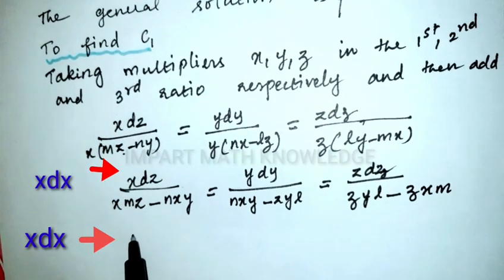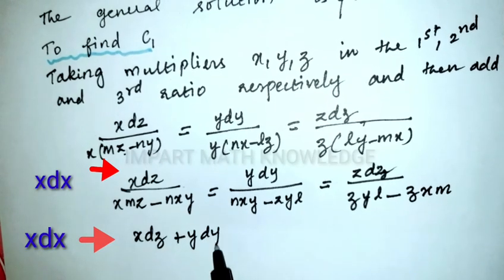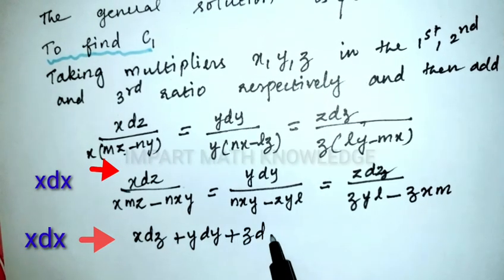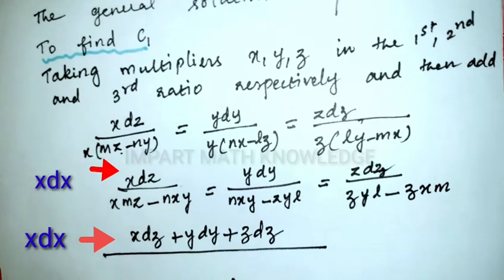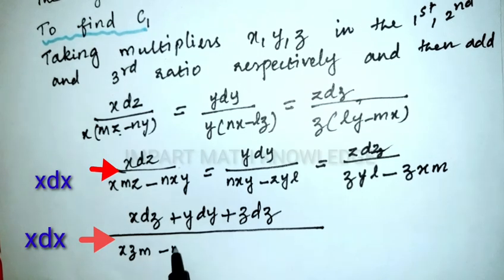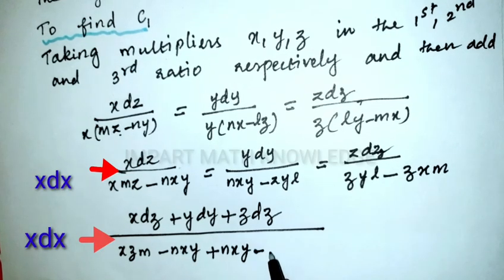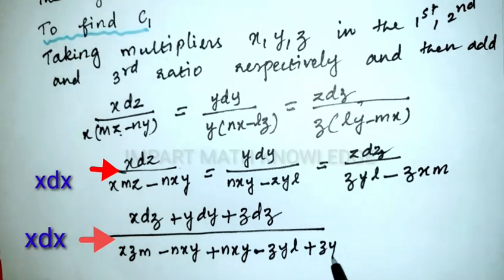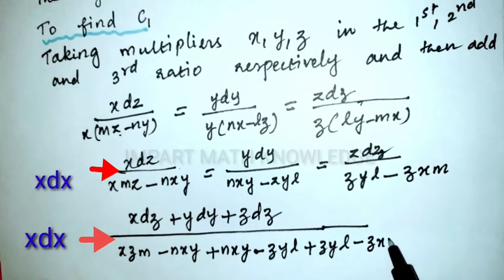Now adding this, x dx plus y dy plus z dz. The denominator is xzm minus nxy plus nxy minus zyl plus zyl minus zxm.